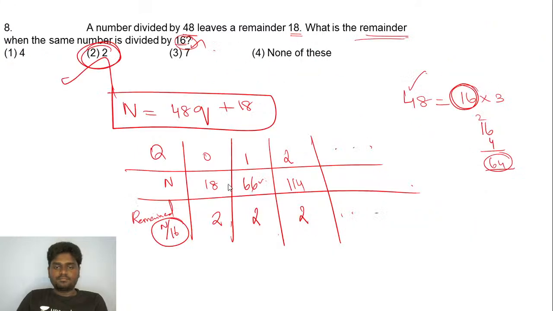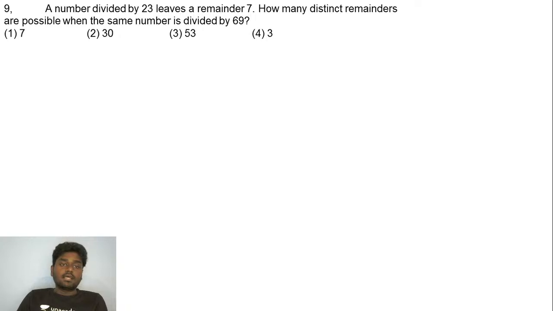And in this case, you need to simply divide 18, 66, 114 by 16 and see what is the exact remainder you're getting. So the remainder is going to be absolutely 2. That's it. Next question. Come on, guys. Kindly do it and tell me what's going to be the right option for the next, the 9th one.